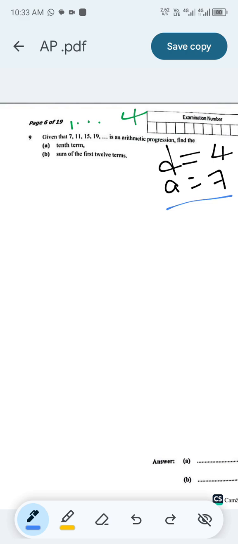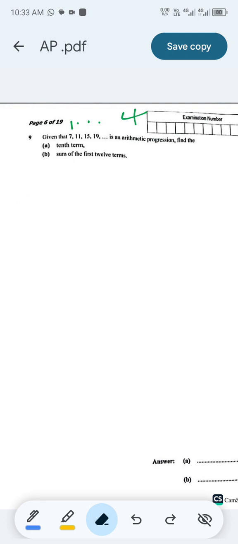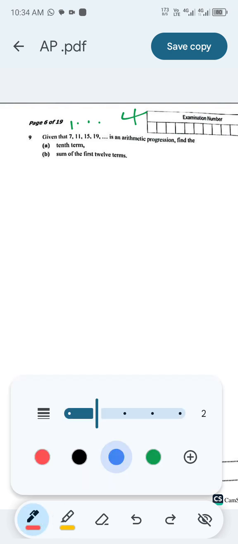So how do we calculate the sum? Calculating the sum, we use the formula. Sum is equal to n over 2. We know the common difference, so it's okay.